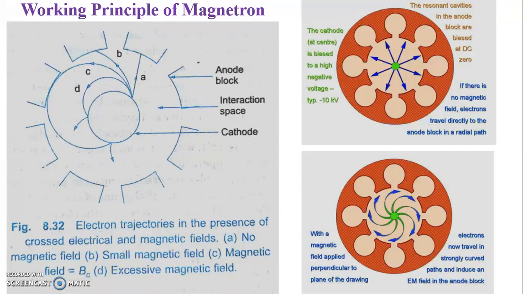If the magnetic field strength is increased slightly, that is for a moderate value of B, it will exert a lateral force bending the path of the electron as shown in path B. The radius of this path depends on the electron velocity and magnetic field strength.